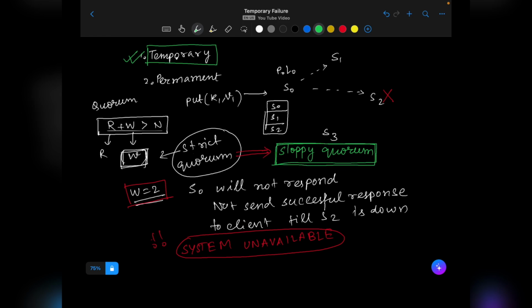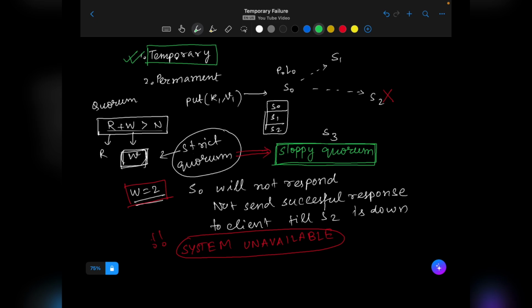Instead of enforcing the strict quorum, our system chooses the first W healthy servers for writes and the first R healthy servers for reads.